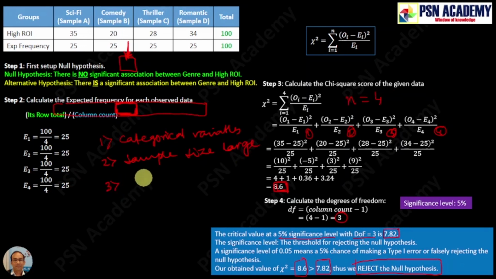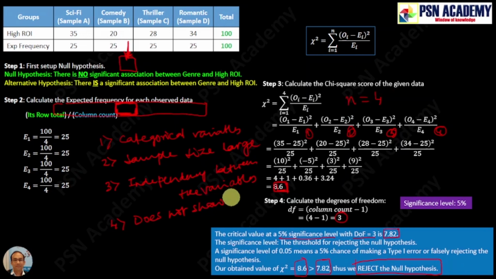And third point is that chi-square assumes that there is independency between the variables. And the fourth one is that chi-square does not show the direction of association.